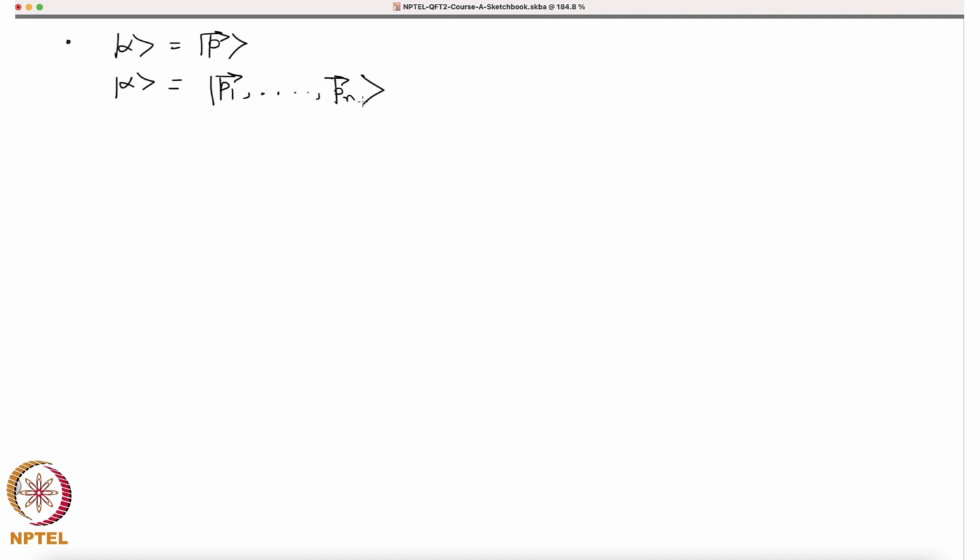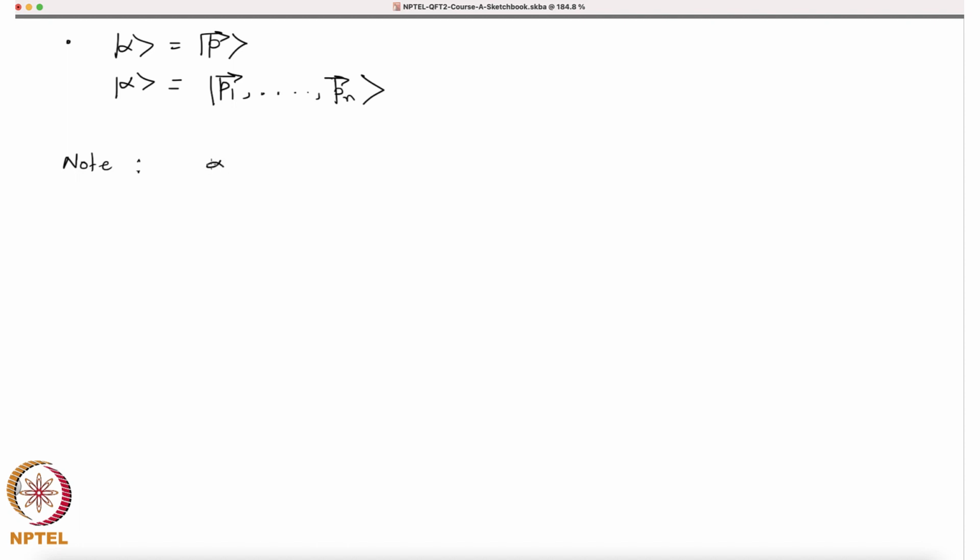Now I will make a note here which will be useful. Let's start with multi-particle states, and then I will come back to the single particle state. So let's first deal with multi-particle states.